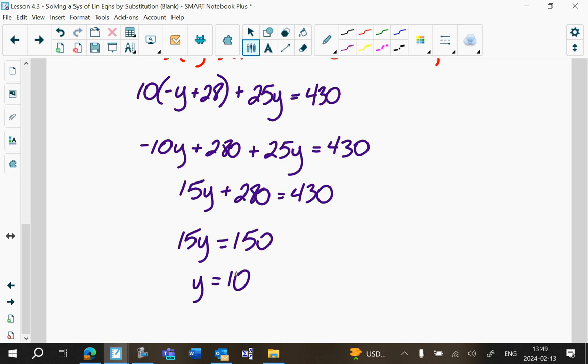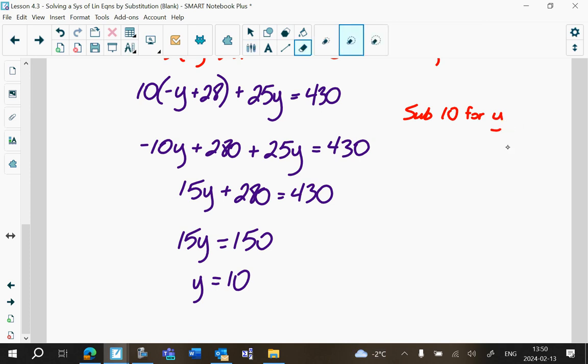So we've just figured out the number of quarters. Now I just got to get the number of dimes. So I just need to sub 10 for y in one of the original equations and solve for x. Well, which one would be easy to plug it into? The first one.